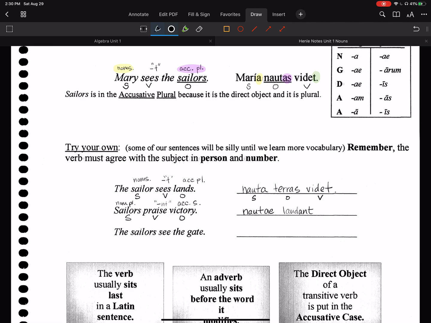Oh, sorry, I'm not doing this in the right order. I'm being too linear. Object, there we go. Thank you, Mrs. Grace. Victoriam. Accusative singular ending, so AM. And now I'll put my they praise. You should have memorized the vocabulary: laudant. And so now it's organized in subject, object, verb order.